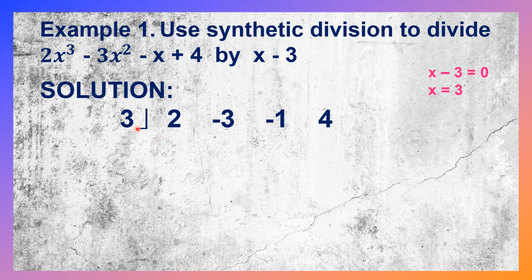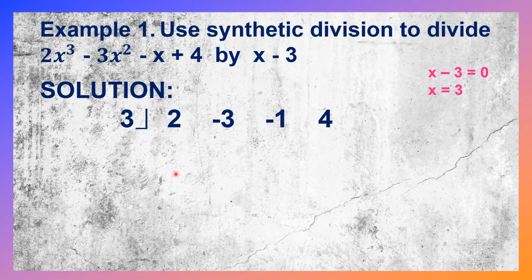And for the divisor, we need to equate x minus 3 into 0. So, solving for x, we have transpose negative 3 to the other side of the equation. So, we have now x equals 3. Then, our divisor is positive 3.